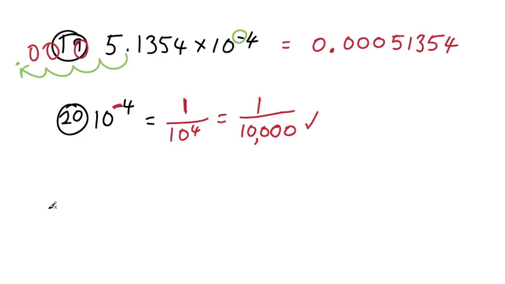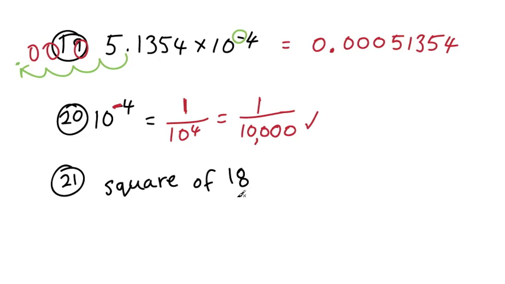Okay, 21 is asking us which of the following is the square of 18. Now we've got to be very careful here. The square of 18. So often we are used to square roots right now, especially at a time when we're learning this stuff. Now the square, it doesn't say square root.